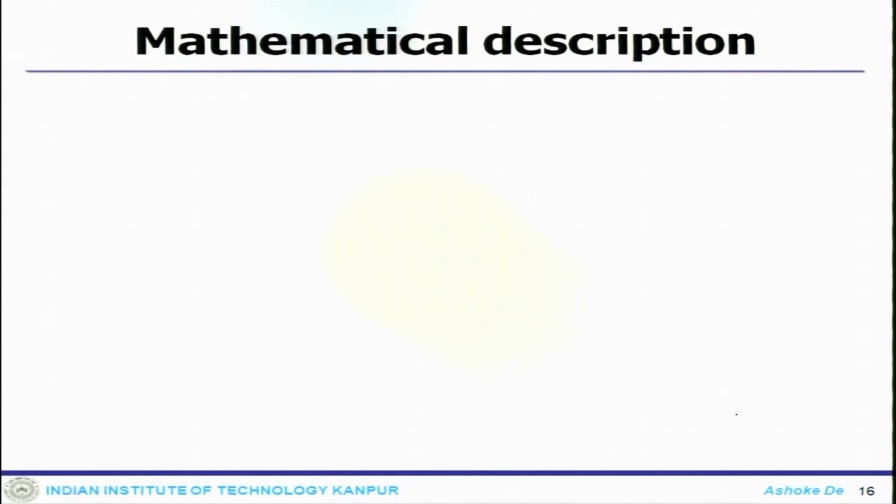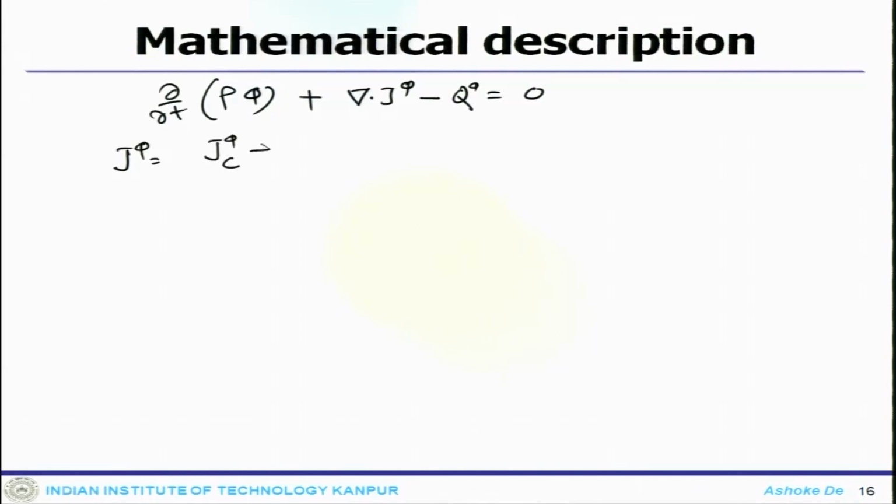So if I write them in slightly simplified form, this plus del dot j phi minus q phi equals to 0, and j phi is a combination of both my convection plus diffusion fluxes, which is rho v phi minus gamma del phi.